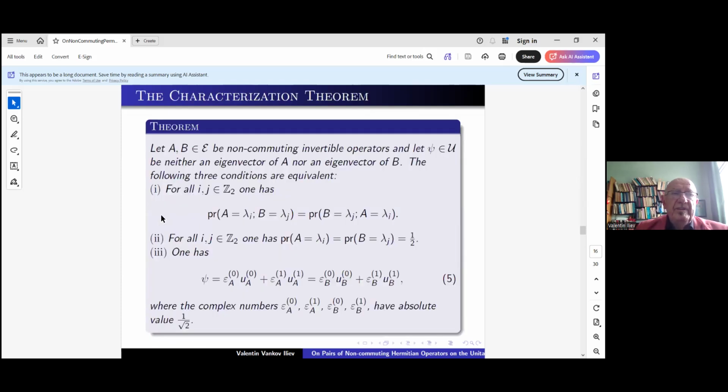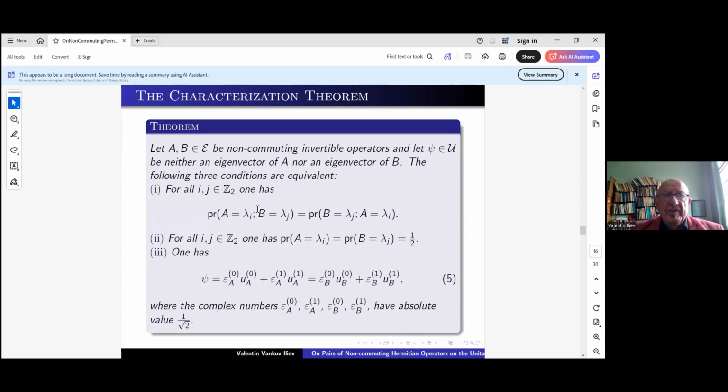And here is the main theorem of that work. We take non-commuting invertible operators A and B, and let Psi be a unit vector which is neither an eigenvector of A nor an eigenvector of B. Then the following three conditions are equivalent.